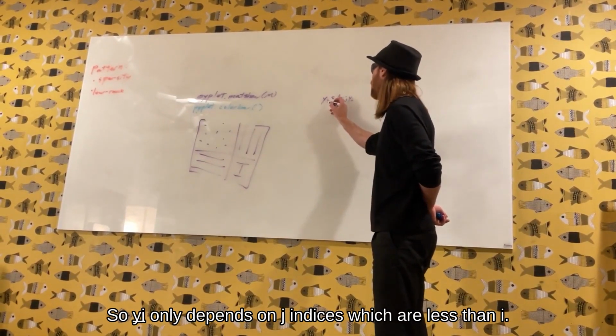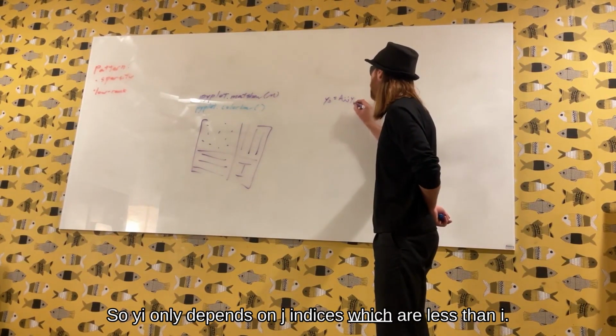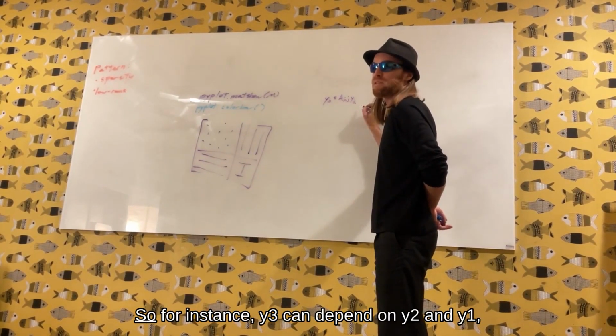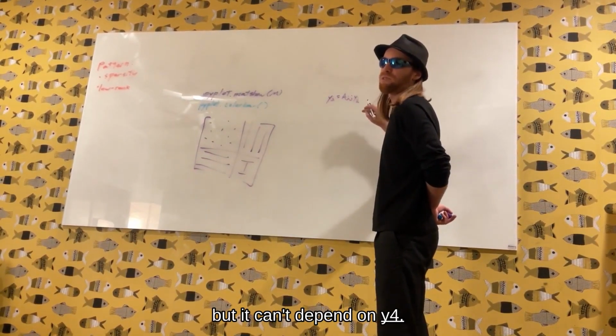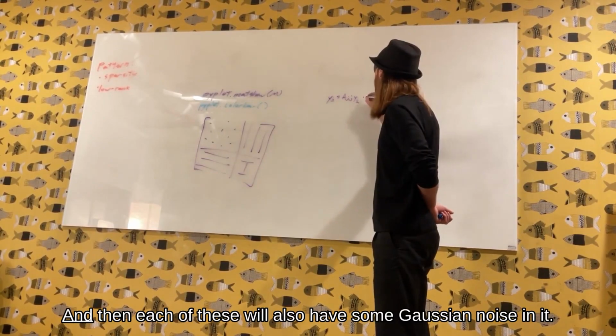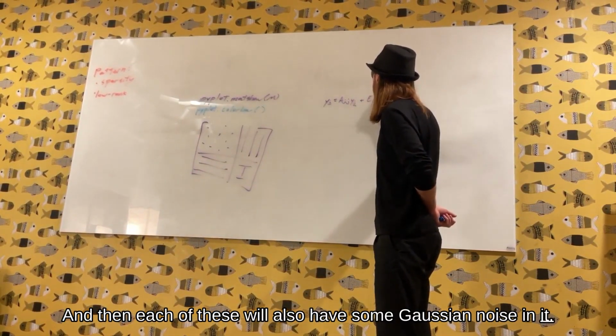So y_i only depends on j indices which are less than i. For instance, y3 can depend on y2 and y1, but it can't depend on y4. And then each of these will also have some Gaussian noise in it.